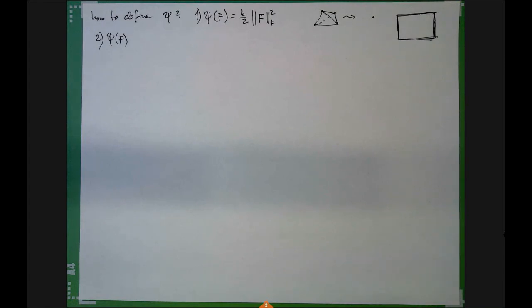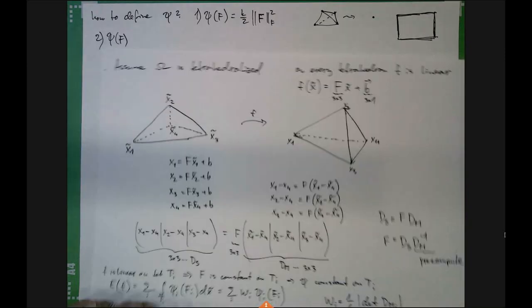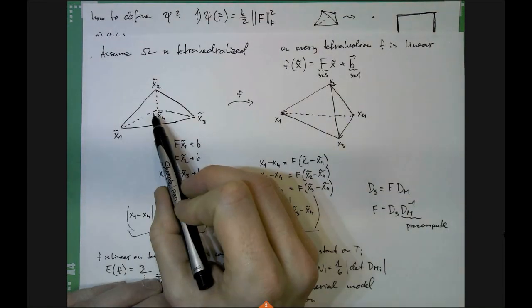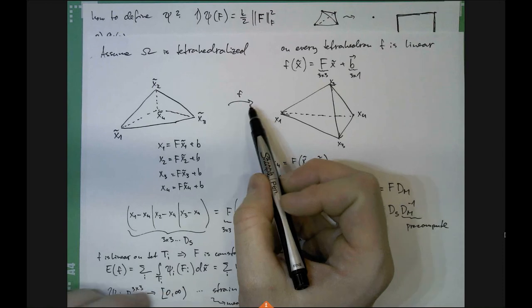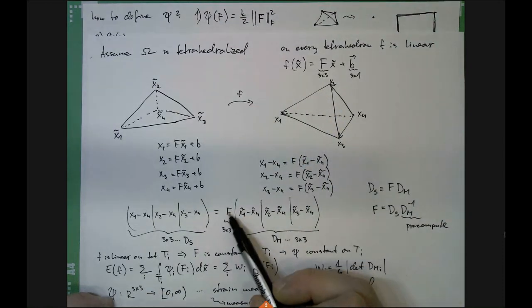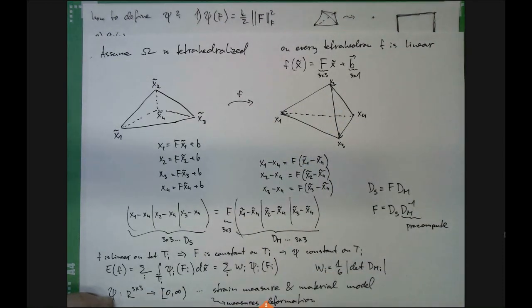They will be identities. Because if this triangle is exactly this triangle, then the affine transformation is identity, and my F will be just identity. Because this ds will be exactly dm, so I will get dm inverse, so F will be identity.